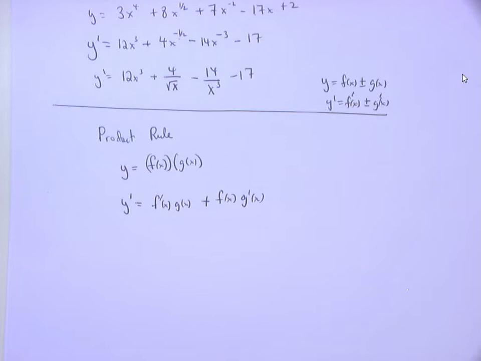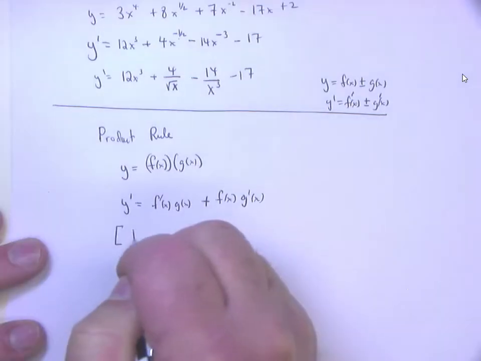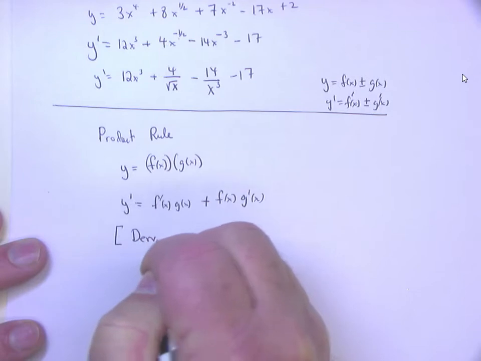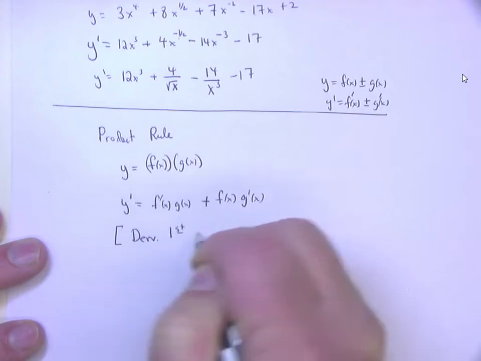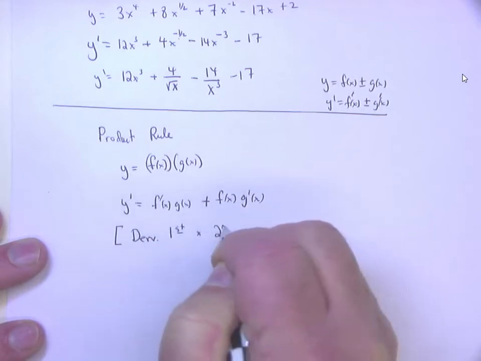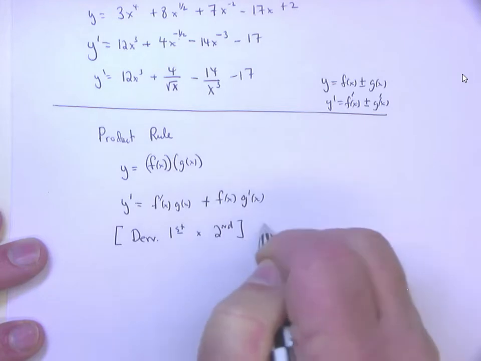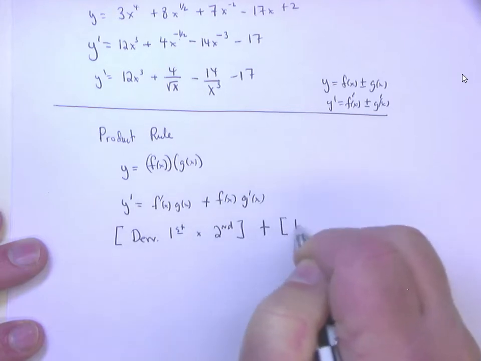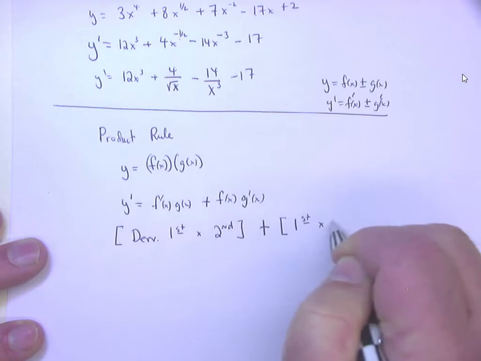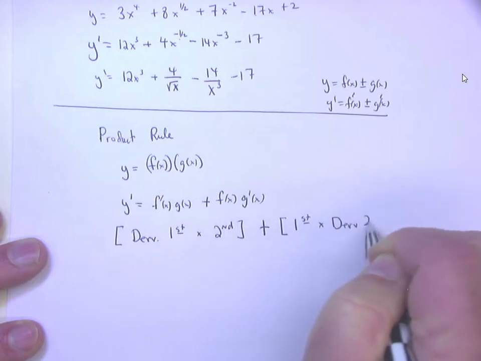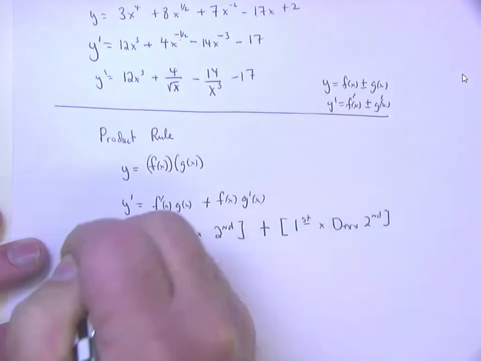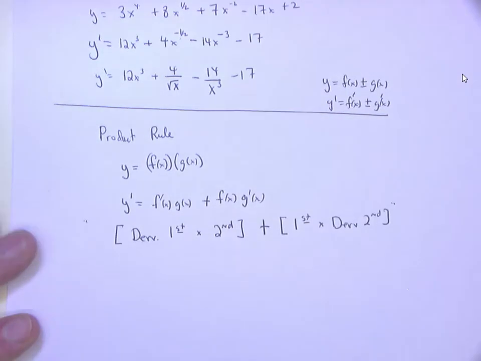When I think of product rule, this is what I think of. You take the derivative of the first, and you multiply that times the second, plus you take the first, and then you multiply that times the derivative of the second. That, in English, is the product rule.